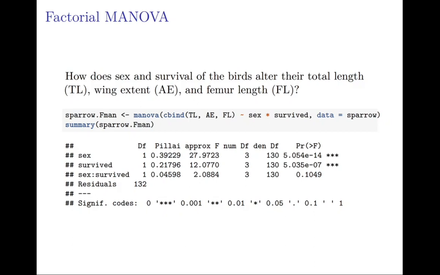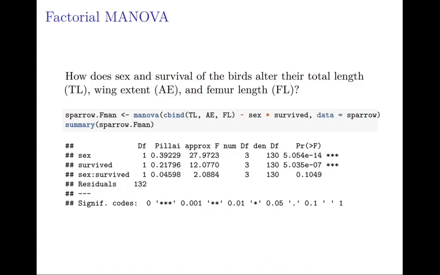So again, you can use that MANOVA function, c-bind the 3 Y variables that you're interested in, and see if that's a function of an interaction between the 2 groups, sex and survived. And so when you summarize this, you'll see there's a significant effect for sex and survived, and there's no interaction.